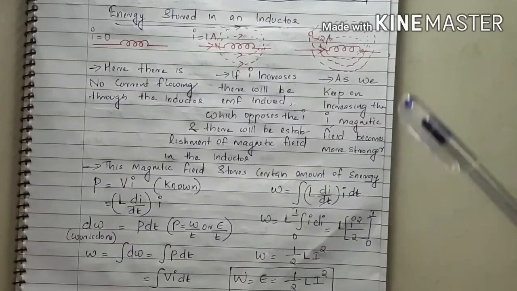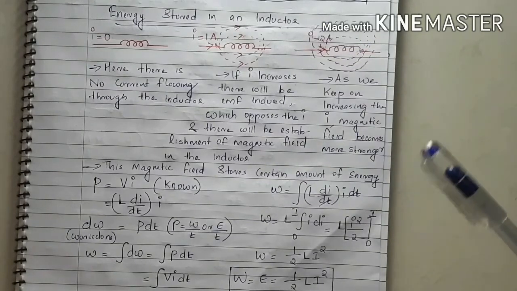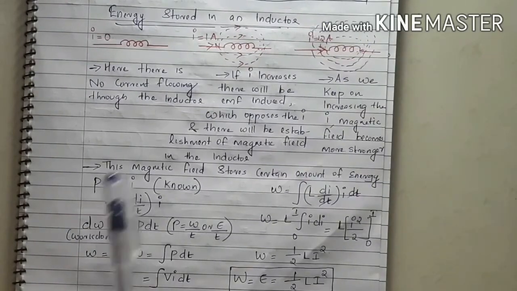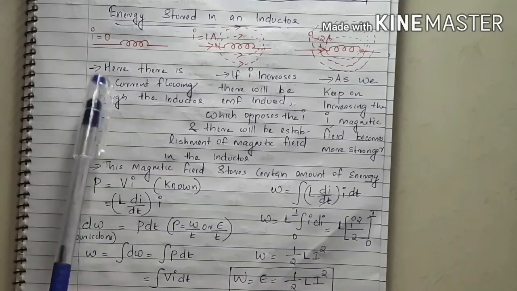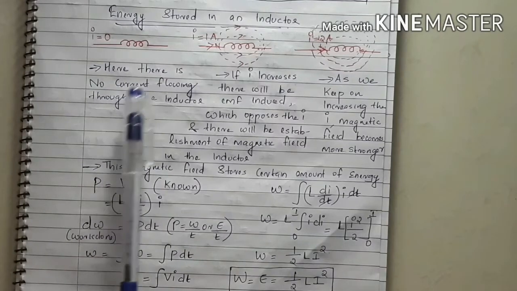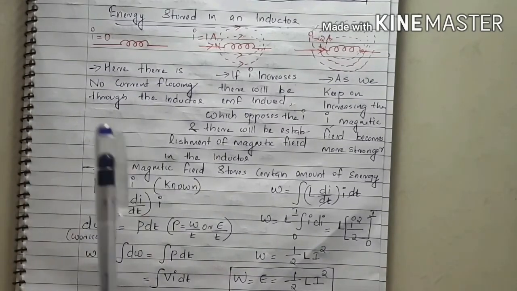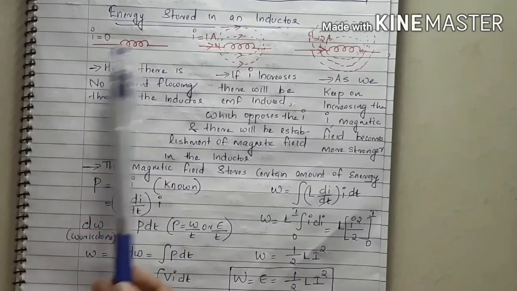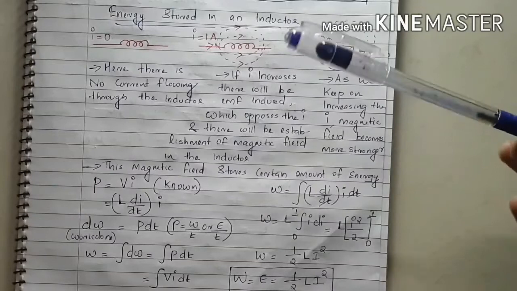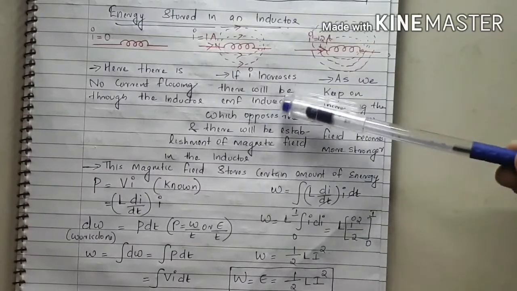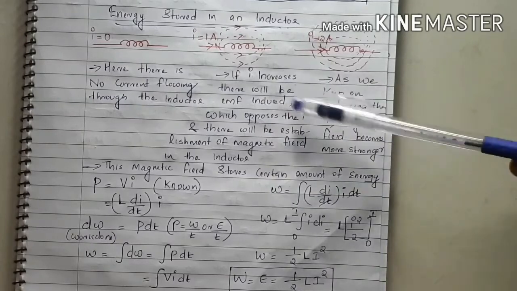Let us calculate the energy stored in an inductor. Let's consider three cases. In case 1, I is 0. Here there is no current flowing through the inductor, so there will be no establishment of magnetic field in this case. In case 2, if we are increasing the current, there will be EMF induced, which opposes the current.